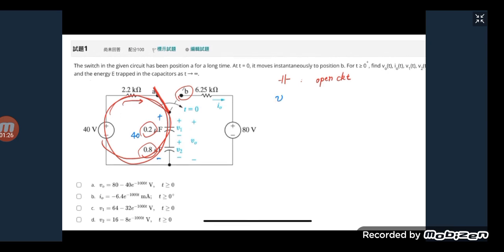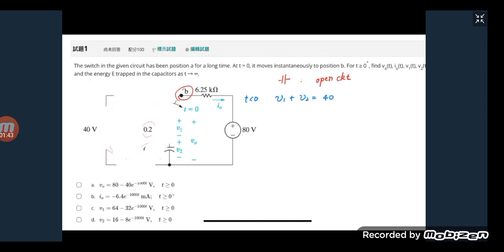So we think that before the starting point, V1 plus V2 is 40. But what are V1 and V2? We have to consider what a capacitor does. Even if it doesn't have any current, it might store charge.